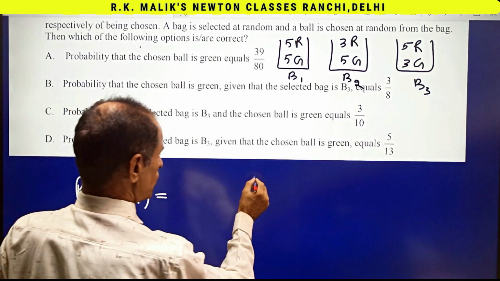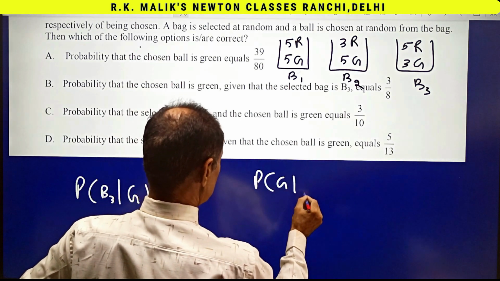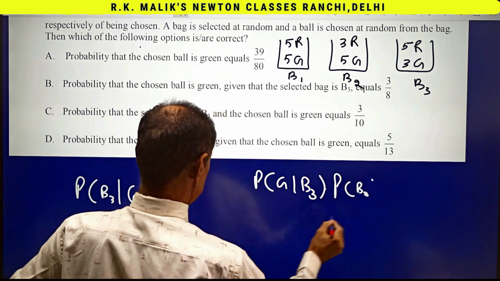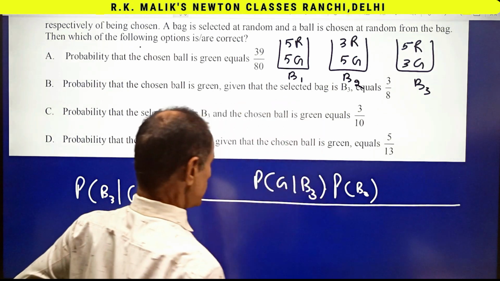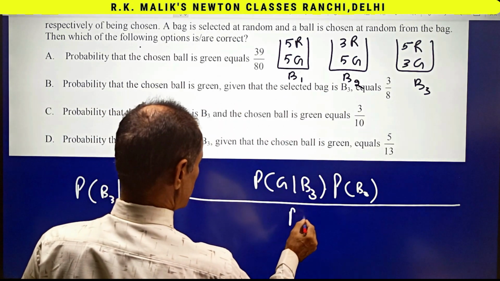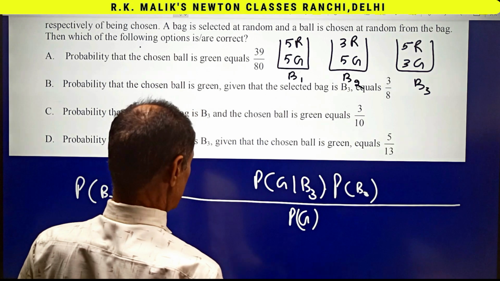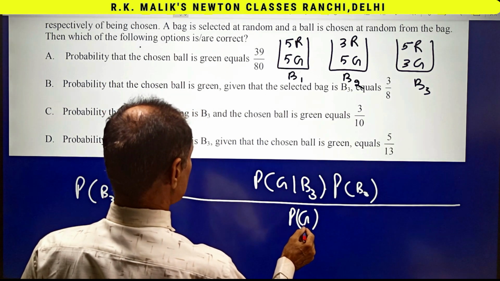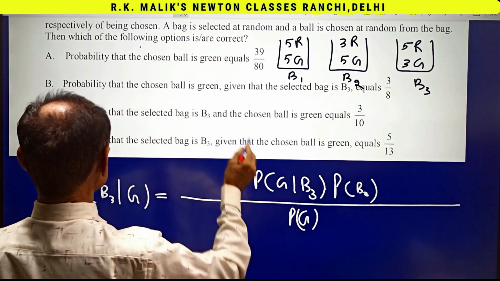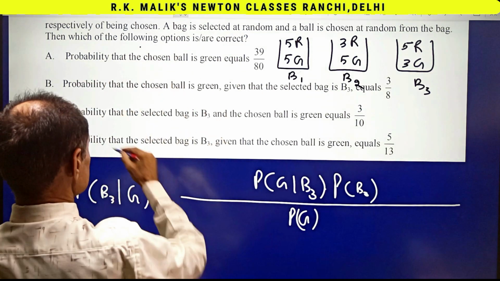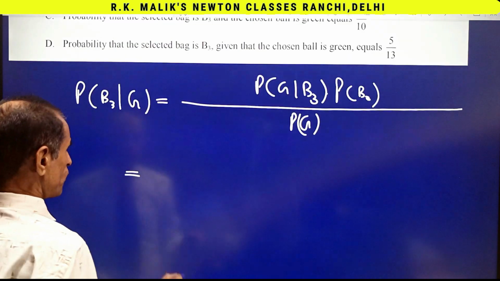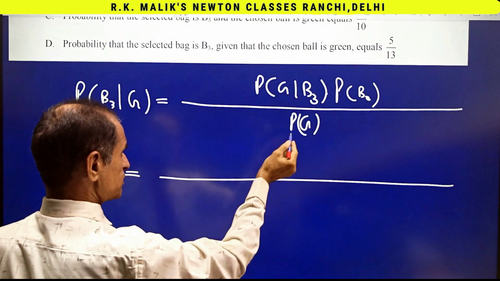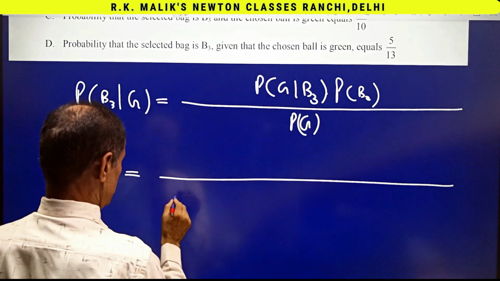This is equal to the probability of G when B3 has already happened times the probability of B3, upon the probability of G, and the probability of green ball is found with the help of the total probability theorem, which I calculated in the first step. Still, for more clarity, I am writing it.